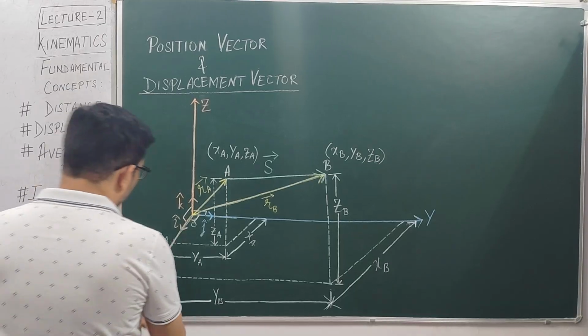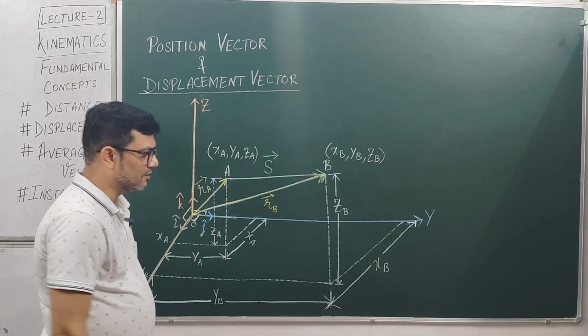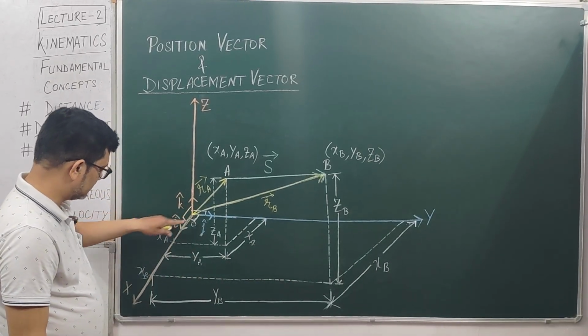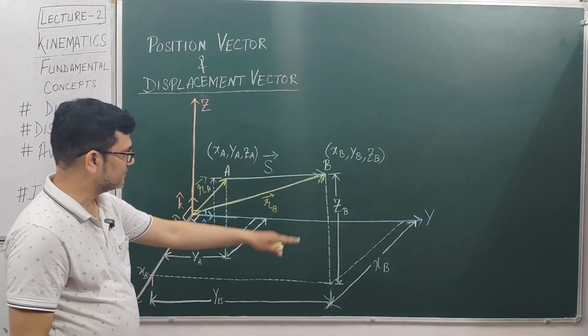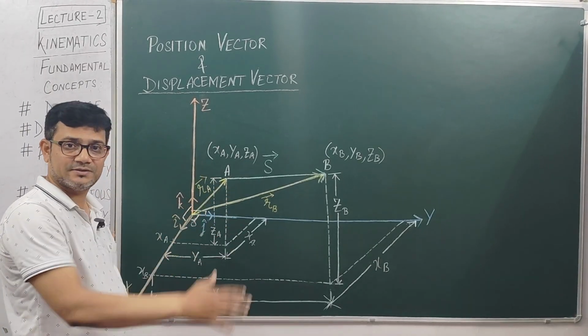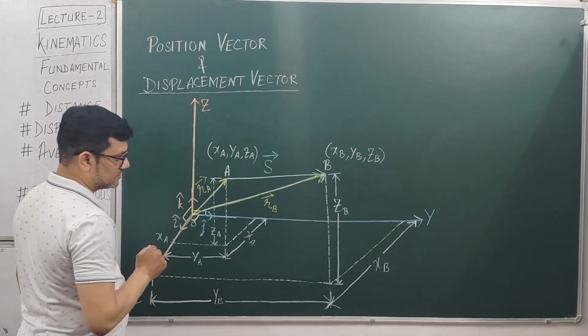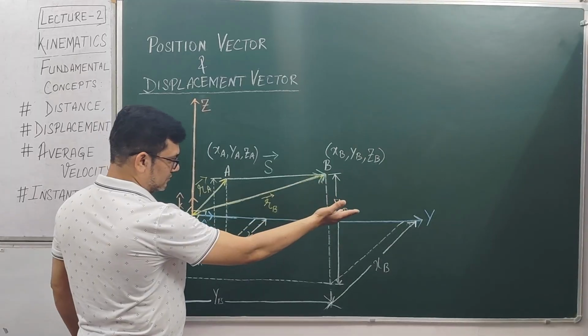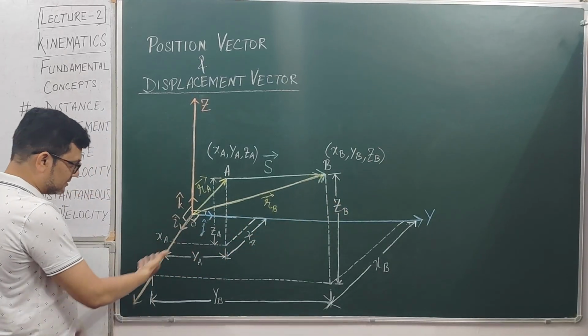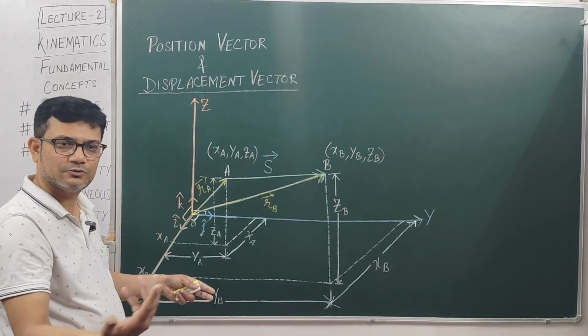So I have made this frame of reference, and we imagine ourselves in space. So we have the y-axis in this direction, we have the x-axis in this direction, which is protruding out towards you.